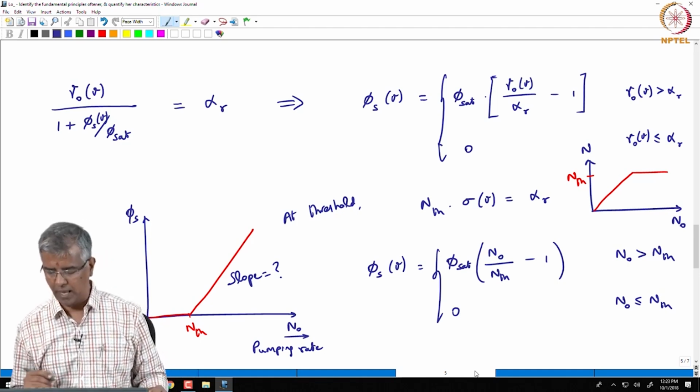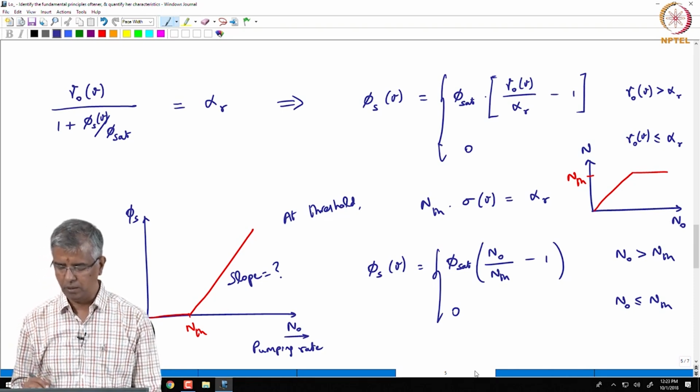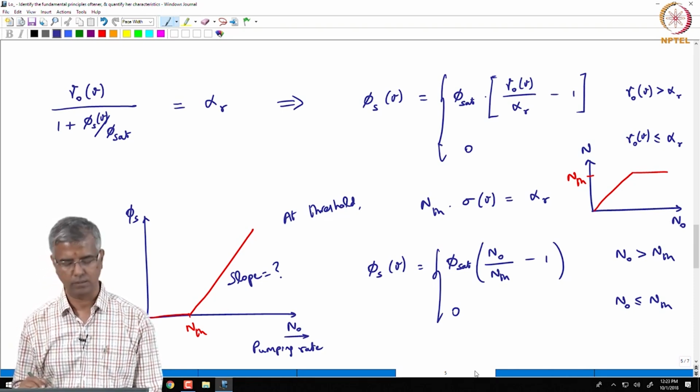So, in our last discussion we looked at the photon flux, right.